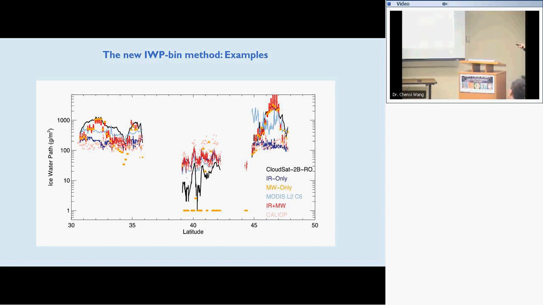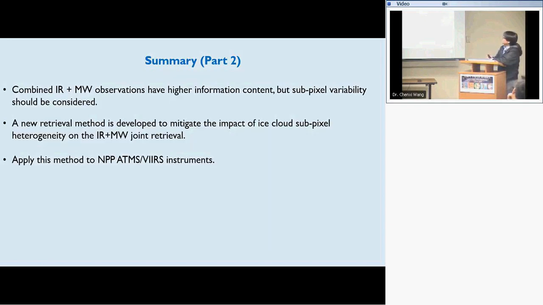You can find that for very thick clouds in this region, the joint infrared plus microwave is very consistent with CloudSat, but in this region, you can see that the microwave only fails. It has low retrieval for this region, but the combined retrieval is very close to the infrared only and the MODIS. So which means the joint retrieval using combined infrared and microwave can handle a very wide range of cloud dynamics.